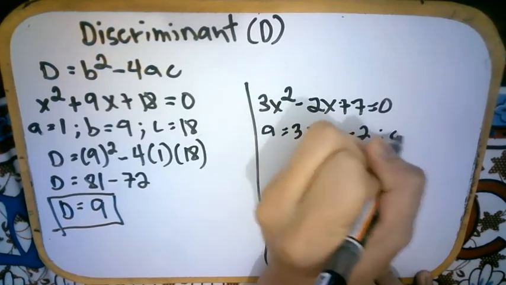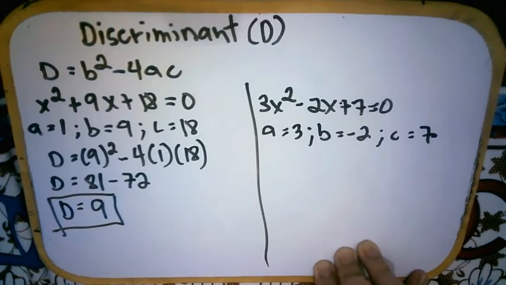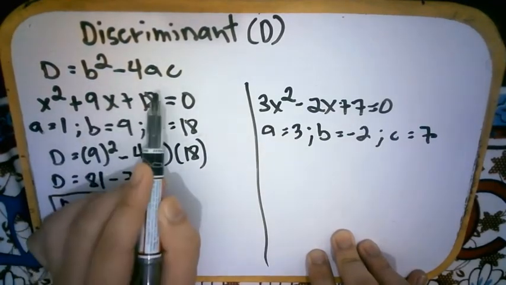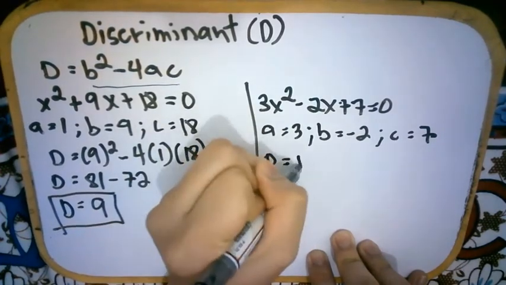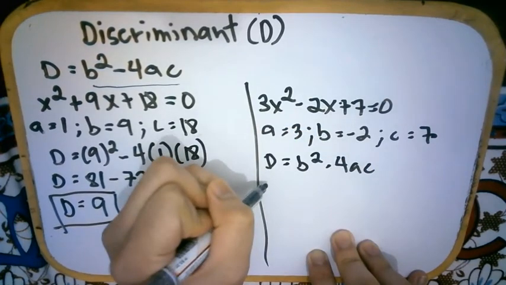And then C is equal to positive 7. So after getting the values of A, B, C, substitute to from the formula. So don't forget the formula, B squared minus 4AC.